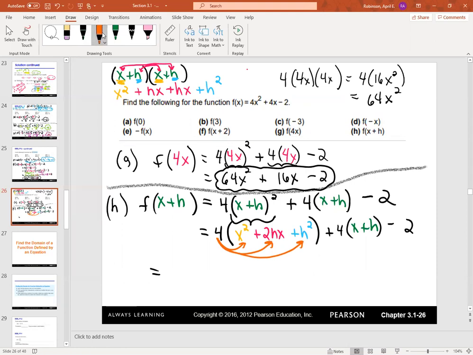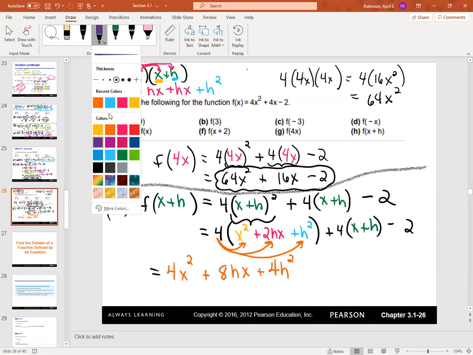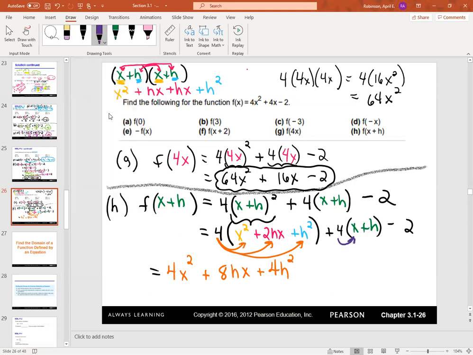That's going to give me 4x squared plus 8hx plus 4h squared. And then I'll distribute this 4. That's going to give me 4x plus 4h. And then I still have that minus 2 hanging on the end.